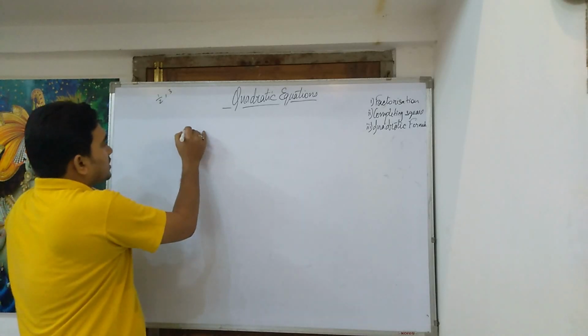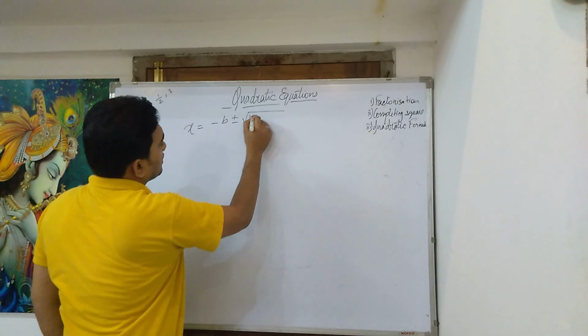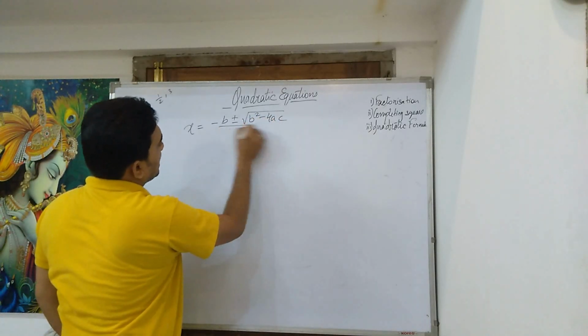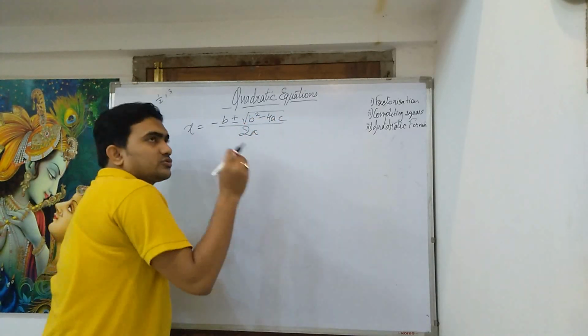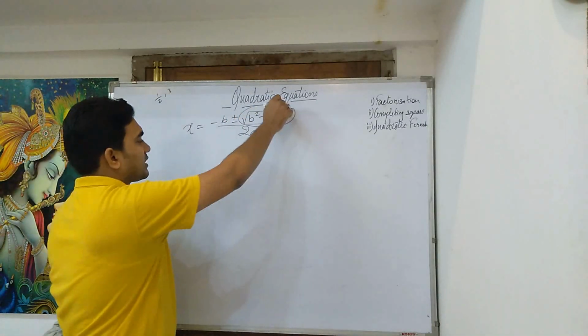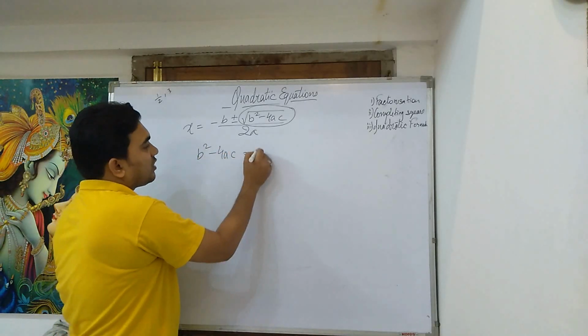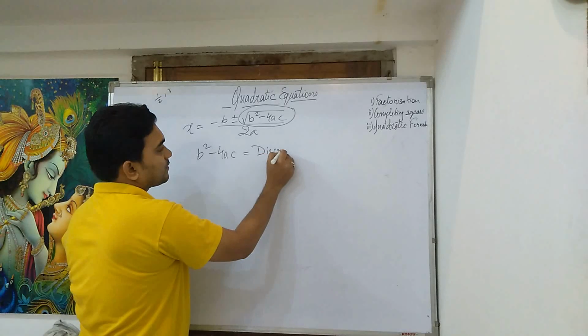If we talk about the quadratic formula, x equals minus b plus minus root over of b square minus 4ac by twice a, the most crucial part is this radical part, b square minus 4ac. It's called the discriminant.